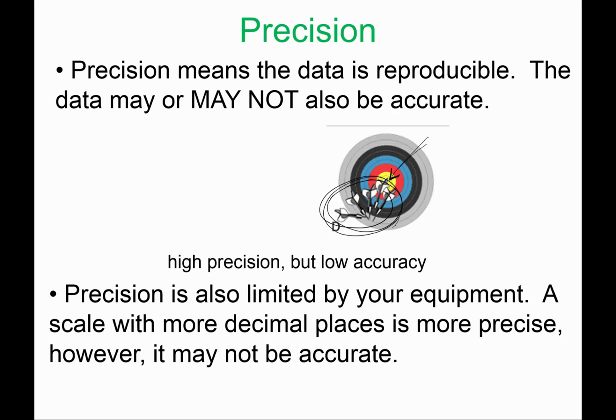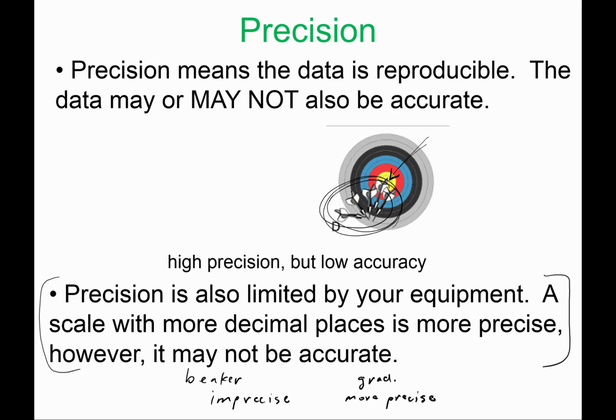Okay, another thing about precision is it's limited by your equipment. If you remember the beaker example, beaker versus a graduated cylinder, we would say a beaker is imprecise, and we would say a graduated cylinder is more precise, but we don't really know if it's accurate.